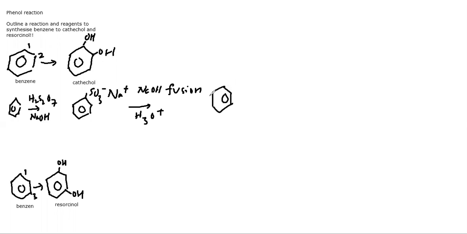This will give you phenol. And then because you need to add one more OH, we can add another oxidizing agent. Actually, H2SO4 is an oxidizing agent, but then we need to set the temperature to 20 degrees Celsius.